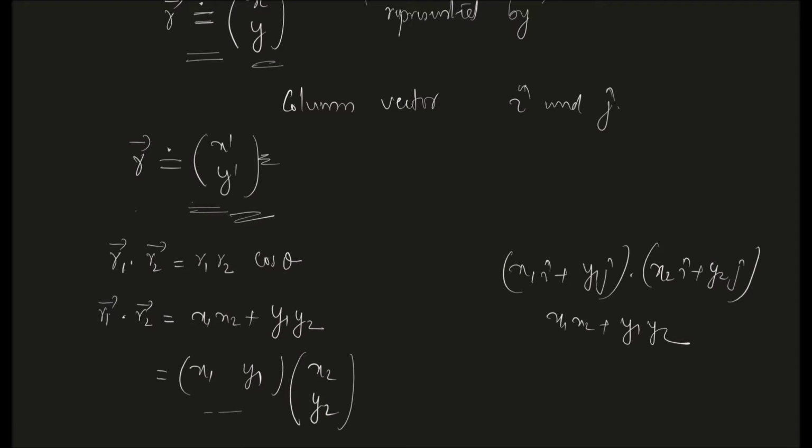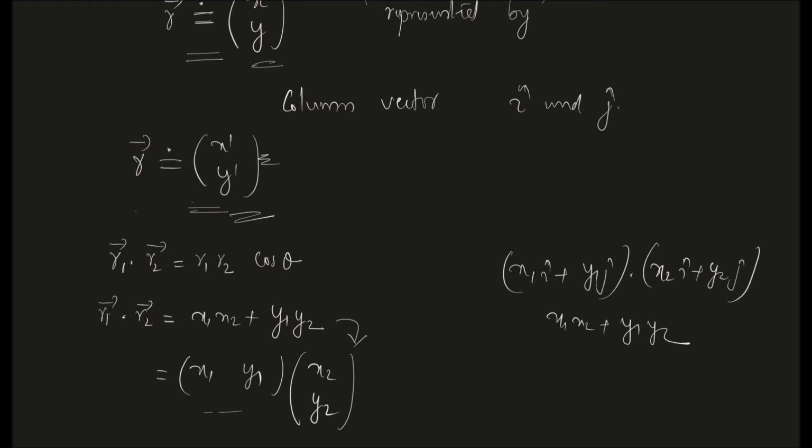Now this will give you the same thing, right? If you take the product of these two vectors, this will give you these components x1 x2 plus y1 y2, and you know how to multiply the elements of the matrix. So here the components of the first vector are represented by the row vector.